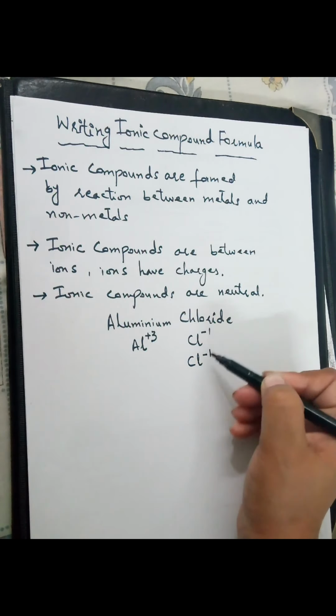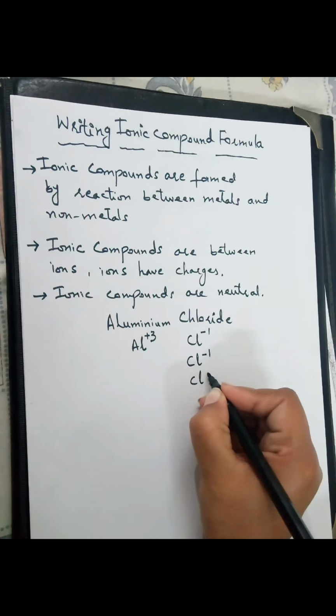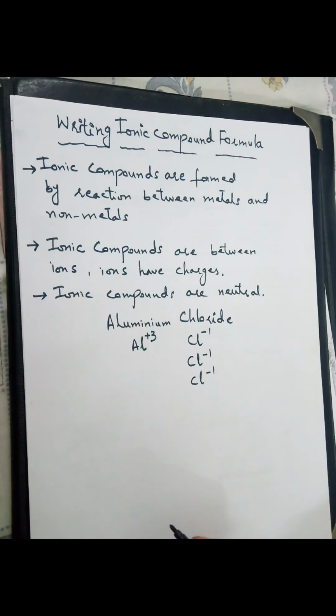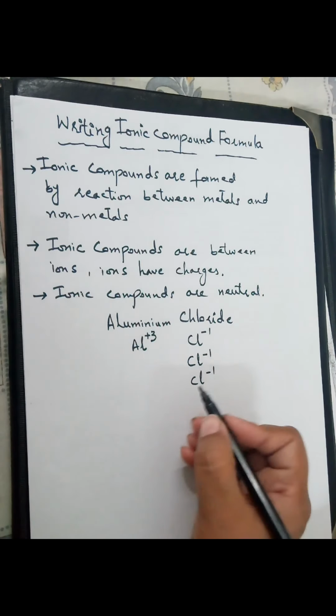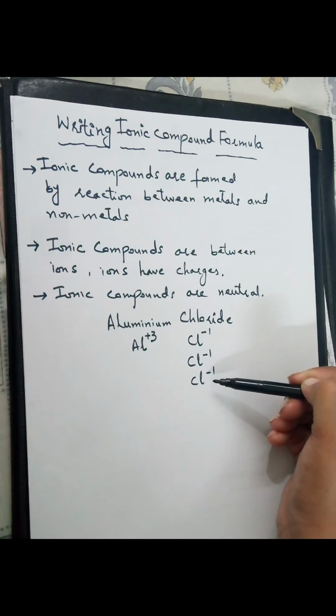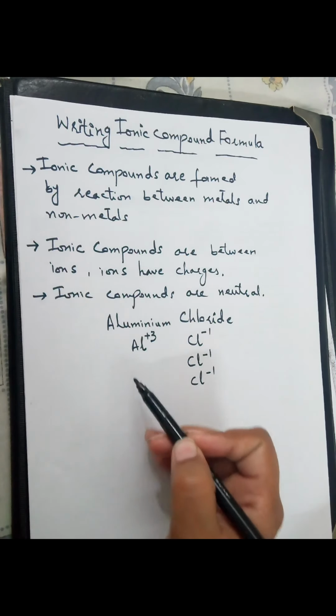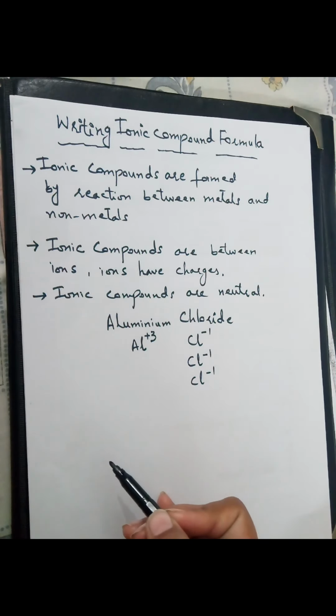It is still -2 charge. I can add one more chloride ion, -1. Now look, there is -3 charge on the chlorine and +3 on the aluminum. So now the charges are balanced.